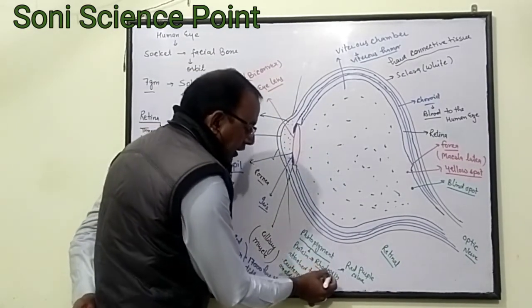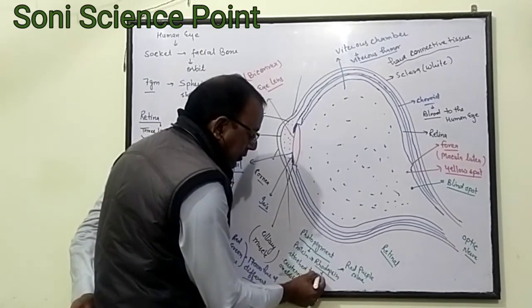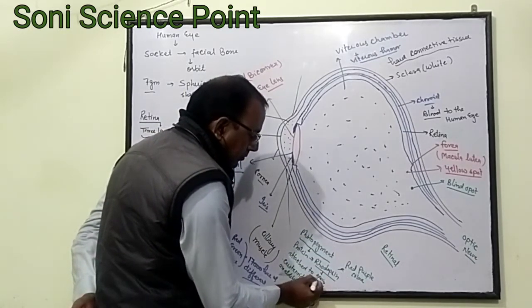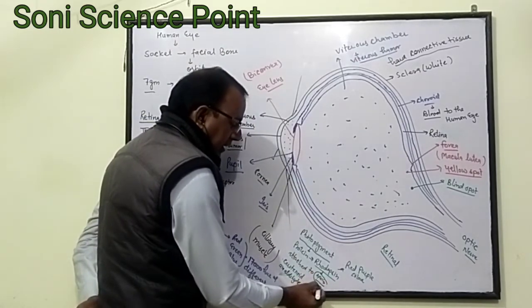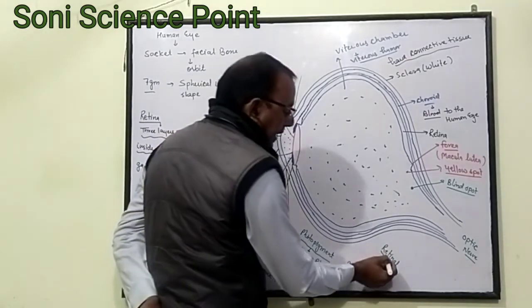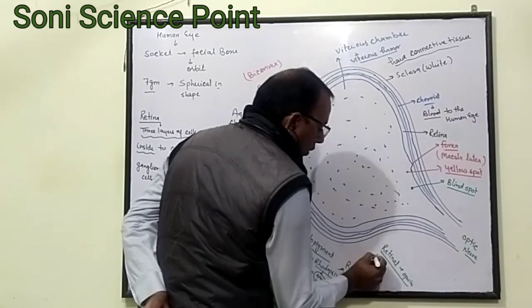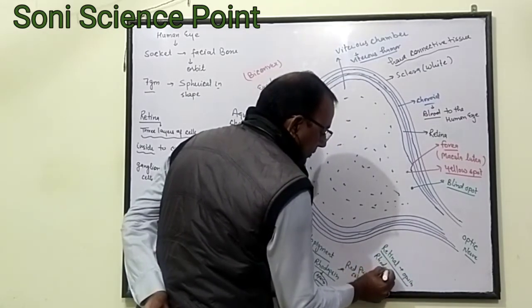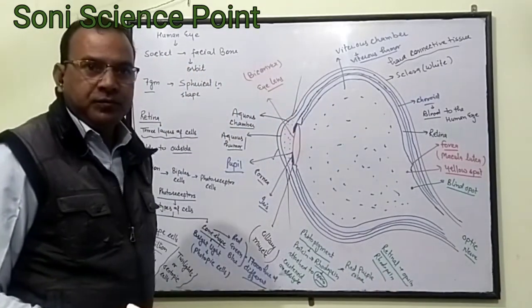Rhodopsin is a protein. Actually, rhodopsin contains opsin, and opsin is orange in color. But when opsin attaches with the retinal, it forms rhodopsin, which is red purple in color.